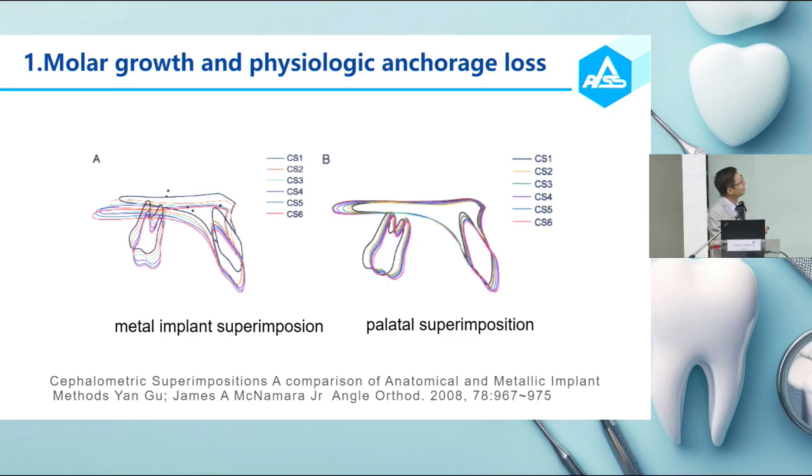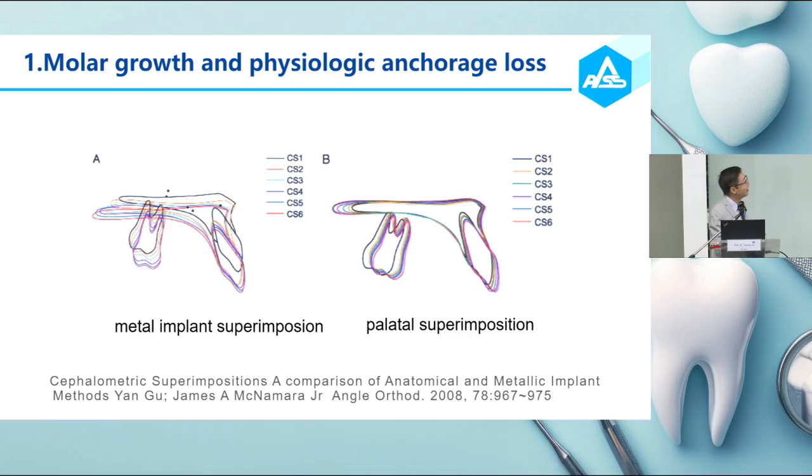We all know there's a bone resorption on the nasal bottom and bone apposition on the oral roof. So if you align the black outline of the palate with the red outline of the palate, you actually overlook the change of palatal bone. So this is the real molar growth and development pattern, not this.